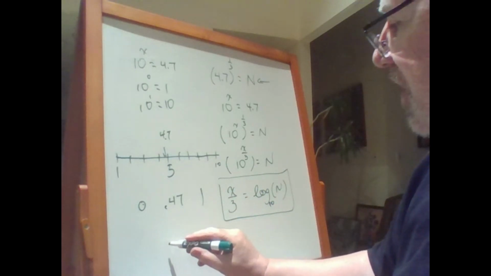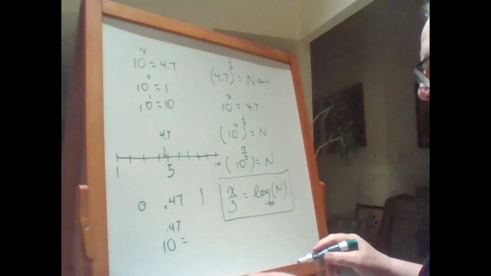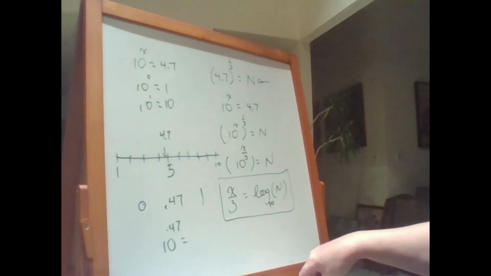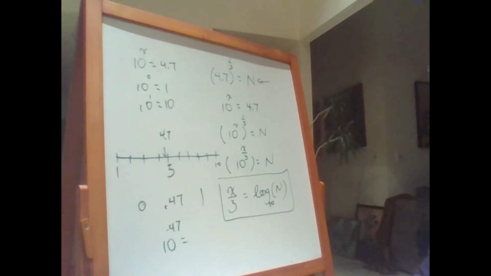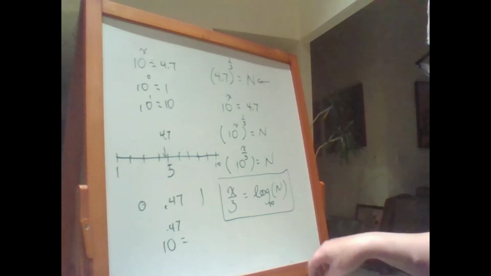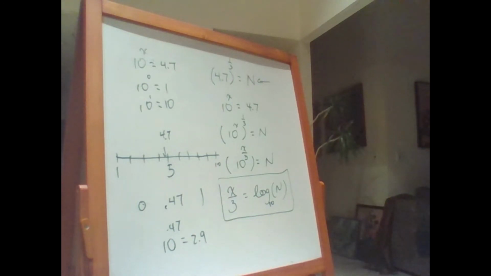So 10 to the 0.47 equals, let's give that a shot. I think it's going to be too big, but let's try. 10 to the 0.47 equals 2.9, so it's too small.